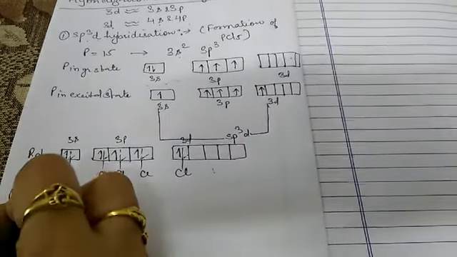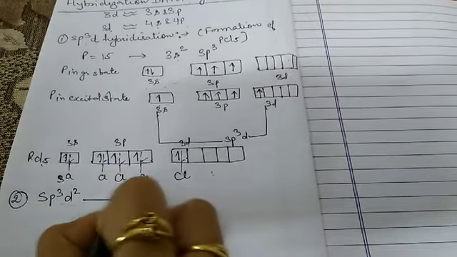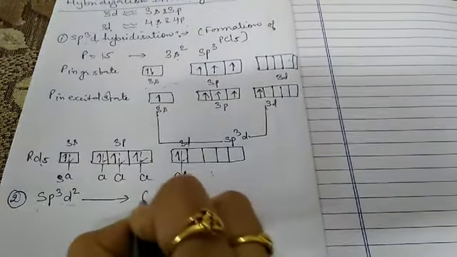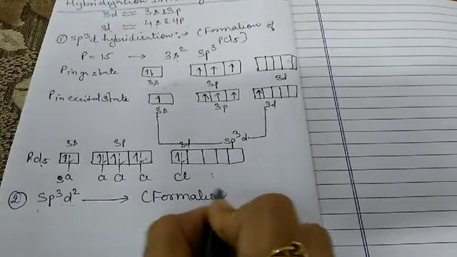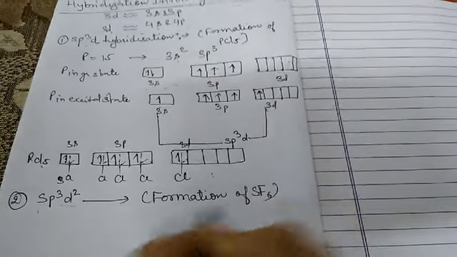Now the next is sp3d2 hybridization. An example for this one is the formation of SF6.